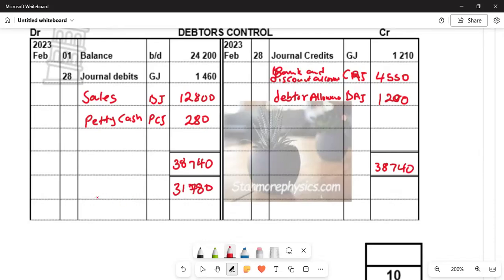31,780, which is our balance brought down, on the 1st of March.